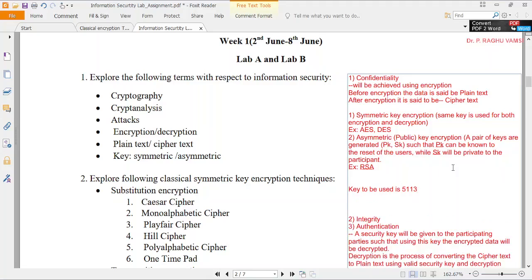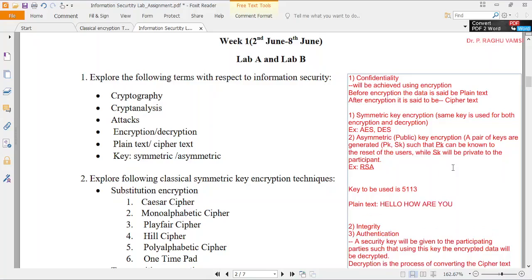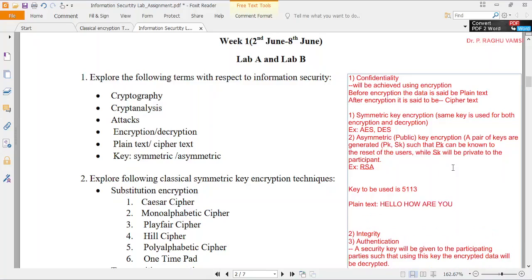And the plain text I am going to send is, hello, how are you? This is the plain text I want to send. Now, using this key, how can I create a ciphertext? Usually, the ciphertext will be created like this. The encryption procedure of this particular plain text will be like this.